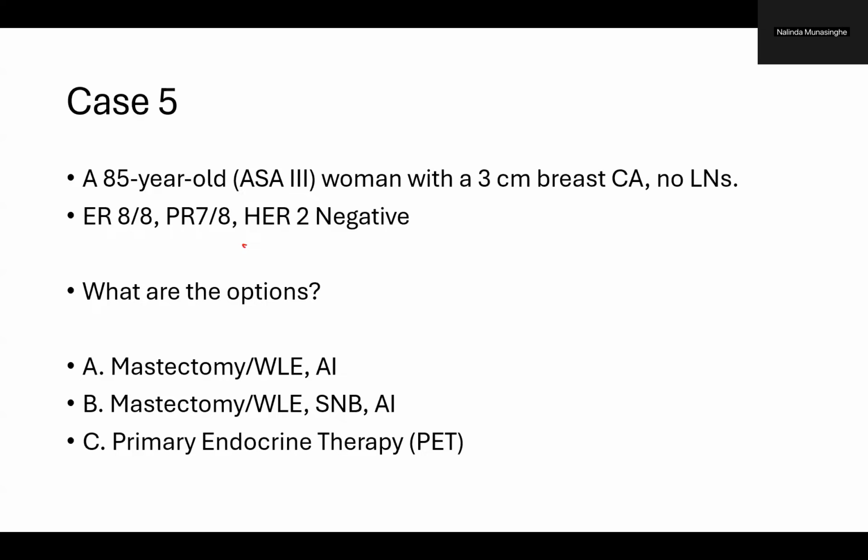Otherwise, we will not touch the axilla. Because for her to develop axillary disease as a recurrence and to end her life with that, before that, she will have a natural death. So there's a study called the age gap study in the UK. The conclusions are, if you're 80 and above, you don't do the axilla if it is clinically and radiologically negative.